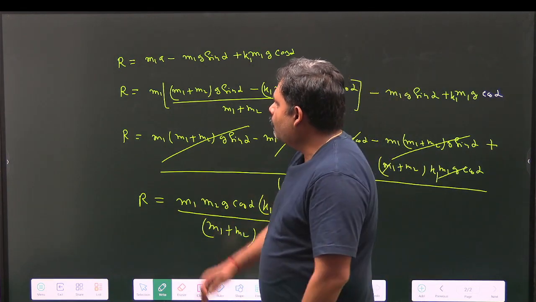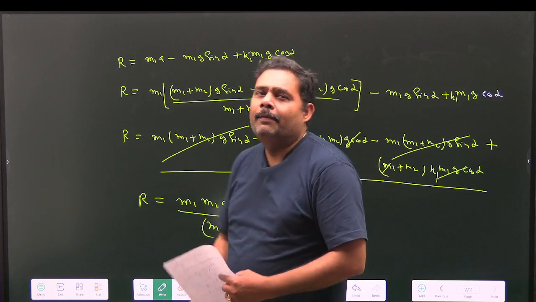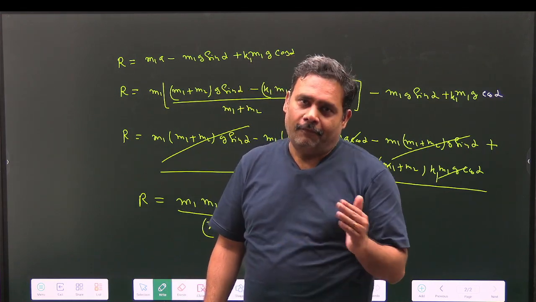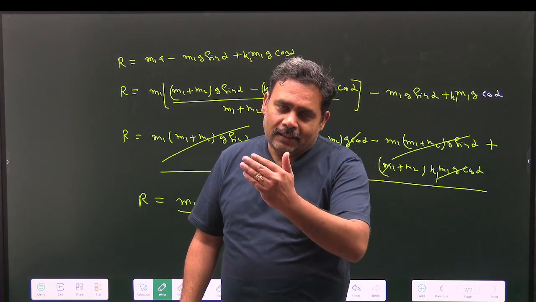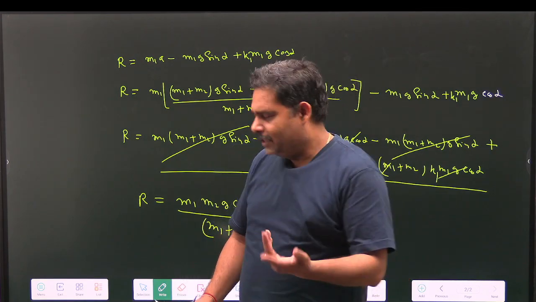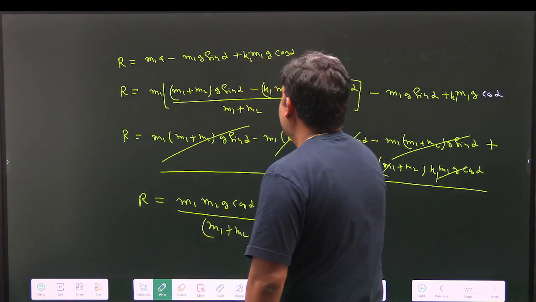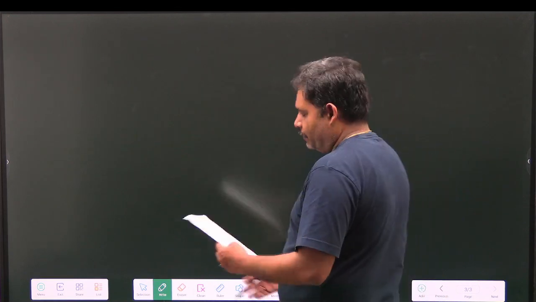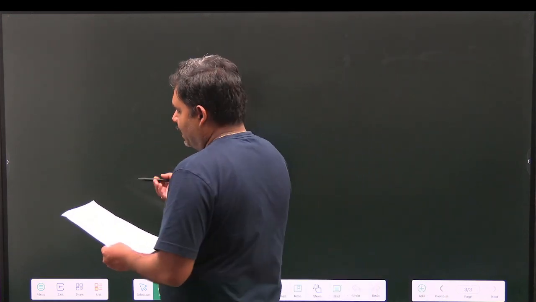Now the next question is: what is the value of alpha such that both the particles are just going to slide down? So let's go again for the acceleration term. What is my acceleration?